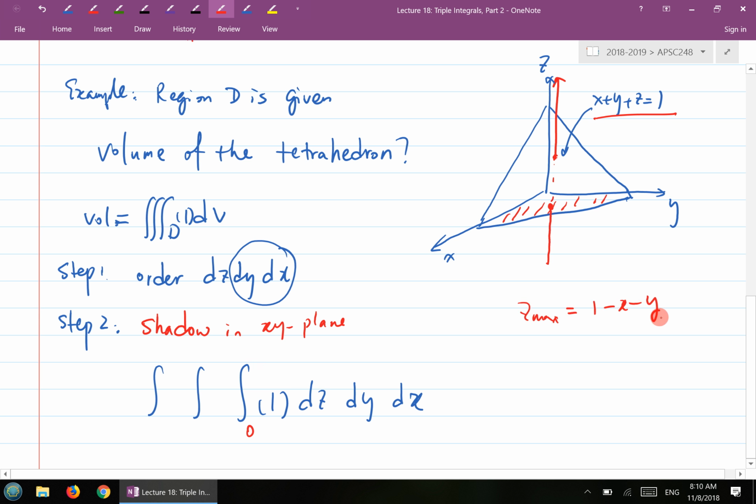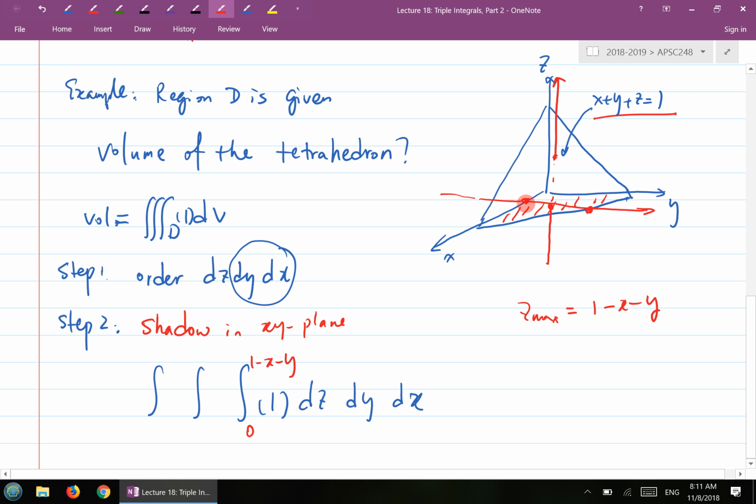Next step is to find the y limits. You do the y limits using the shadow that you have just sketched. The shadow is over here, it's a triangle, so you draw the arrow lines in the positive y-axis direction. Follow the arrow line, find the first contact and the second contact.